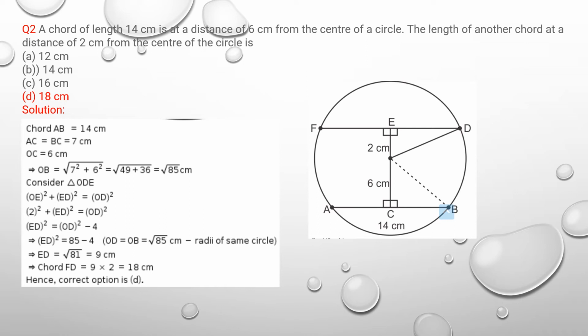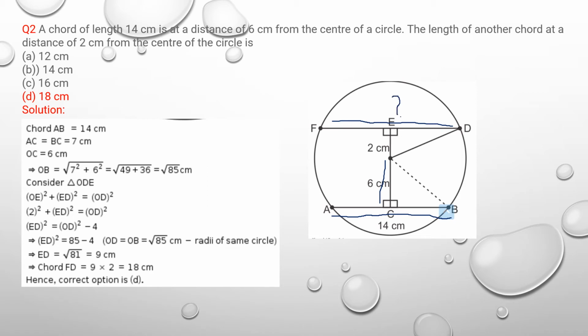Next we have a chord of length 14 centimeter at distance of 6 centimeter from the center of the circle. So this is your chord, suppose AB, and it is at distance 6 centimeter from the center. The length of another chord, FD, which is at distance of 2 centimeter from the center, they are asking you to find out.